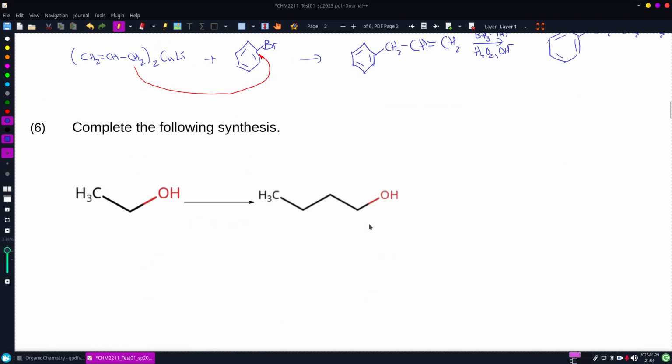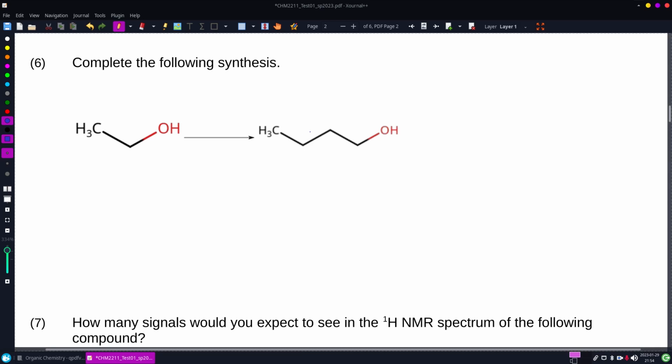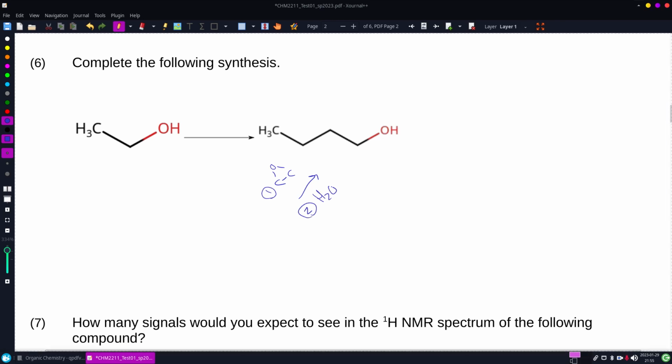All right, number 6. We have ethanol, and we want to turn that into 1,2-butanol. All right, I need to add 2 carbons and an OH. Well, I know I can do that with an epoxide followed by just some water.